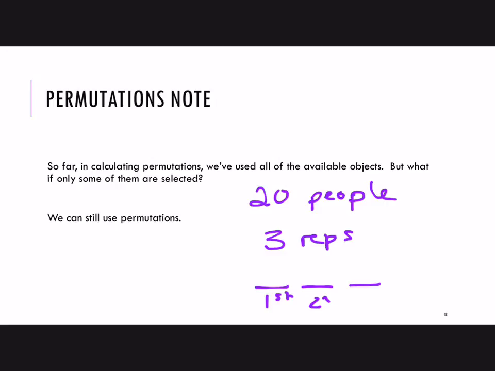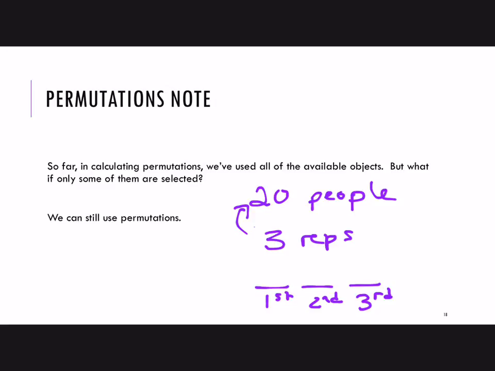So that's an implied order that's necessary. We need a definite first person and a definite second and third person. So it's kind of like arranging 3 out of 20 people, just not all 20 of those people. We'll talk about that in the next video, and we'll stop there for now.